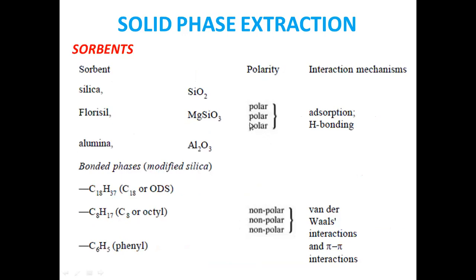This table is showing some commonly employed sorbents that we use in solid phase extraction, with their formula. You can see here, the sorbents are silica, SiO2, fluorosil, MgSiO3, magnesium silicate, and alumina, Al2O3, aluminum trioxide.